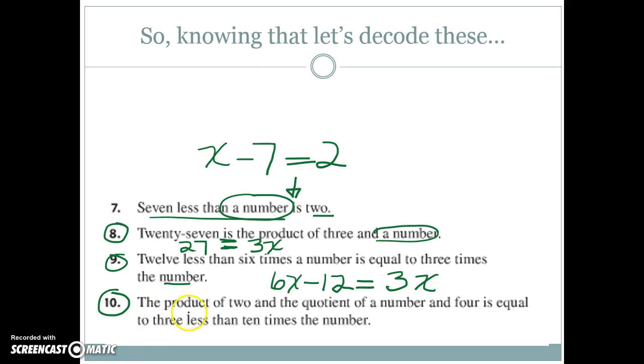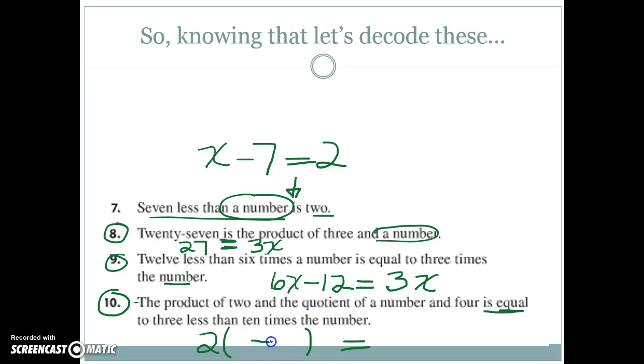Last one. The product of 2 and the quotient of a number and 4 is, there's our is. I know where that goes. Which side do I want to handle first? Ooh, they both look equally messy. So I'm going to start with this side. The product of 2, so I'm going to be multiplying 2 times something. So there's my parentheses for whatever I'm multiplying it by.